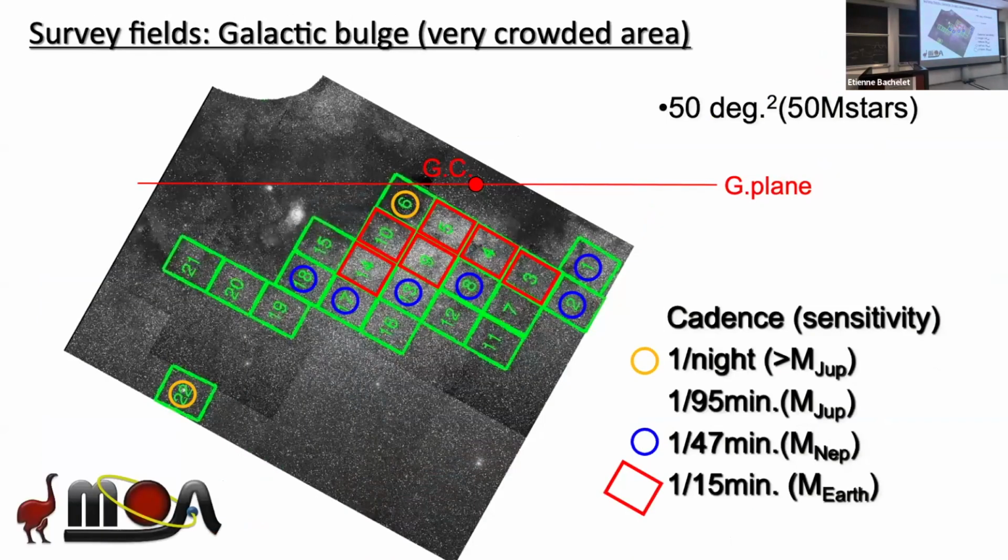This is our survey fields, 50 square degrees of the galactic bulge. And the Roman field is in fields 5 and 6, somewhere around here. We are observing every night in the bulge season, from 15 minute cadence to 1 day cadence, depending on the fields.